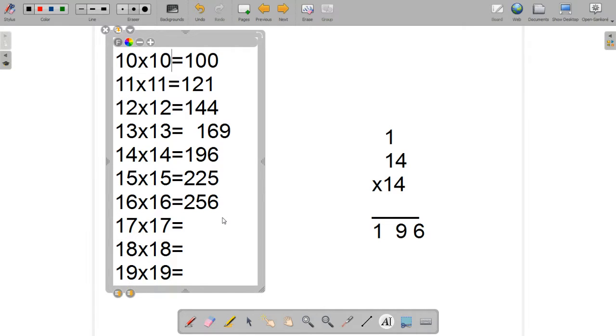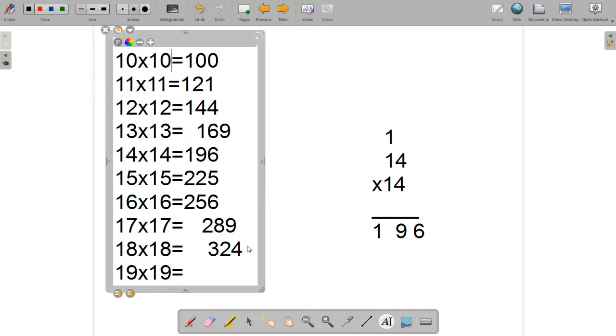So here, what's 7 times 7? 49, carry the 4. 7 plus 7, 14, plus the 4, that's 18. 1 plus 1, 2. Okay, this one now. 8 times 8, 64. Carry the 6. 8 plus 8, 16, plus 6, 22. Carry the 2. 2 plus 1, 3.